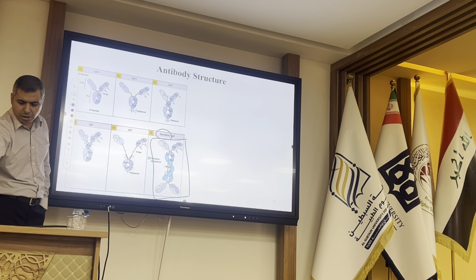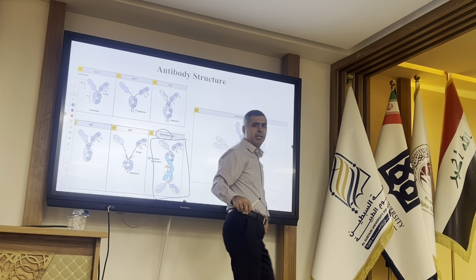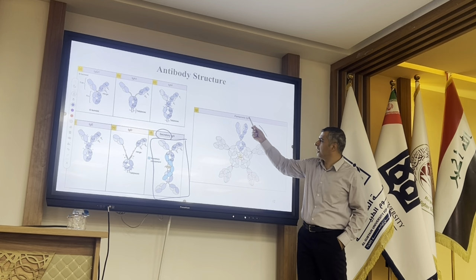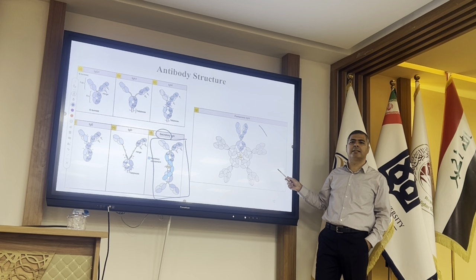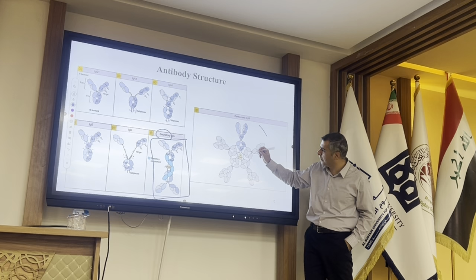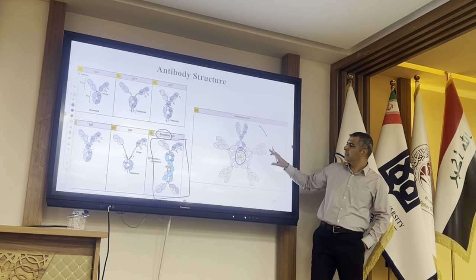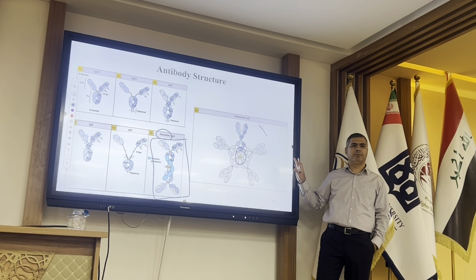And IgM is always a pentamer. Okay? IgM we have in this way, always a pentamer. Indeed, 5 single antibodies are bound together with one chain. It doesn't matter the name of the chain. So it is the structure of IgM.